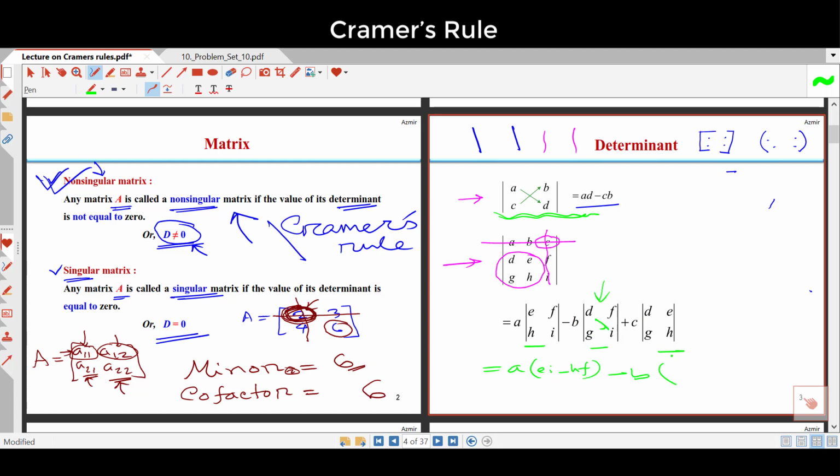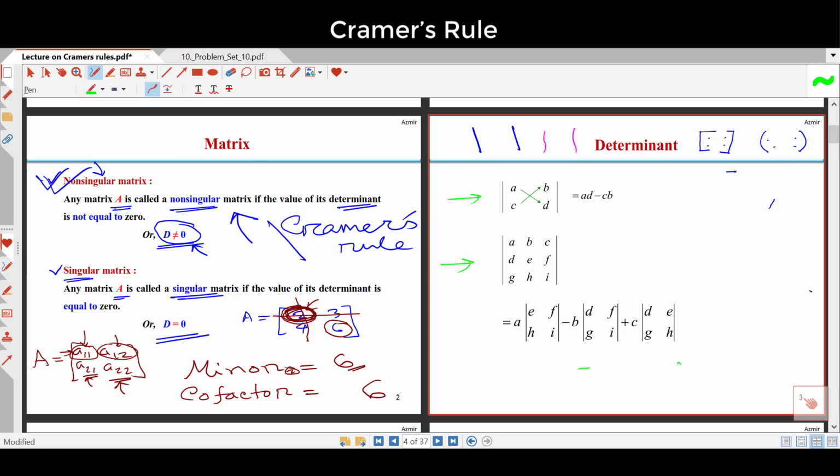That will be di minus gf. Then lastly you can see you have plus c. Find now the determinant, this one, it will be dh minus ge. So this is about finding the determinant of 2 by 2 matrix or 3 by 3 matrix.